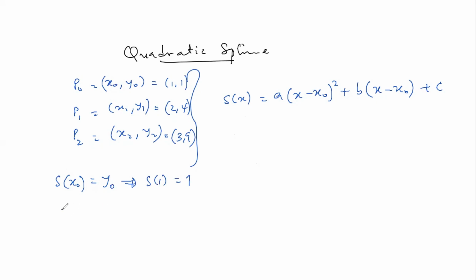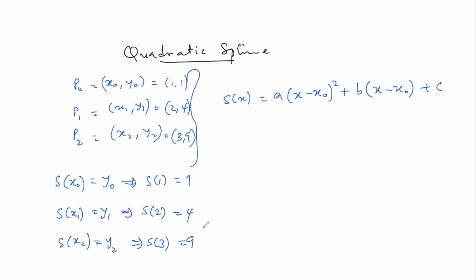In the same way, S of S1 will be the same as Y1, so that S of 2 will be the same as 4. And S of S2 will be the same as Y2, so that S of 3 will be the same as 9.